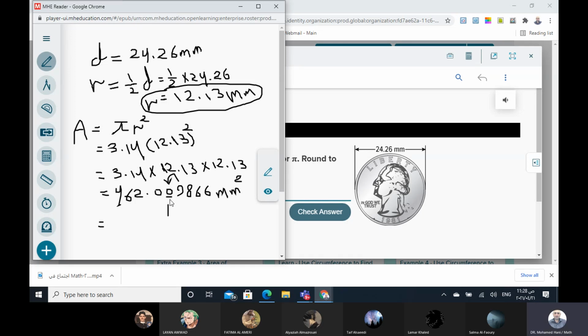So here 1, here 0, and here point, and here 2, 6, 4. No need to write the zeros because they have no value. So the answer will be 462.01. Who has any question here?